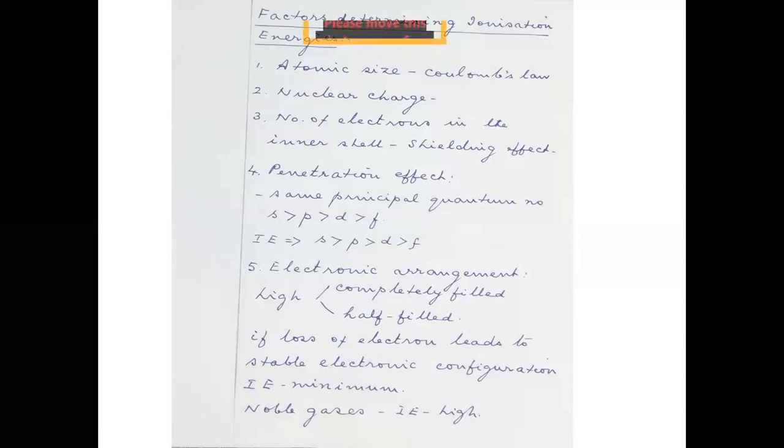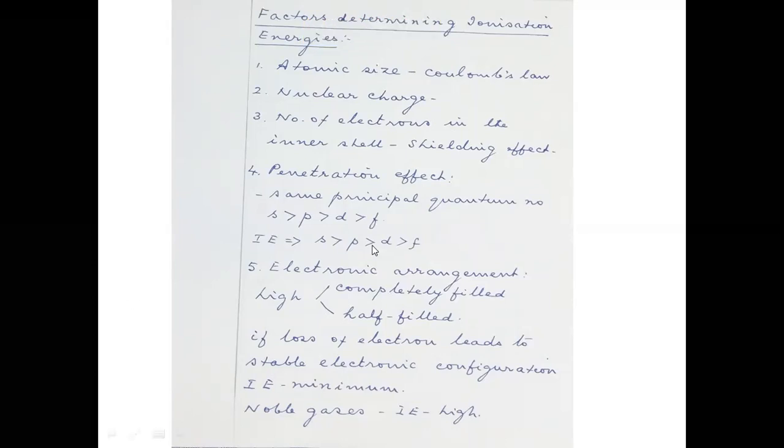Say, for example, if I take 4s, 4p, 4d, and 4f, everything is of the same orbit. Then 4s is found to be more penetrating than p. P is more penetrating than d, and d is more penetrating than f.